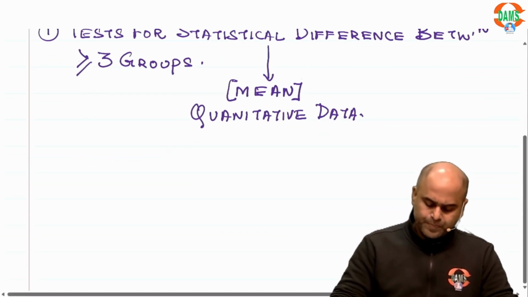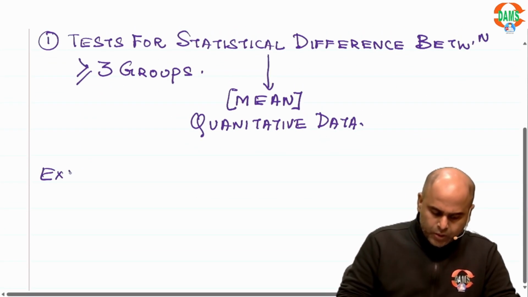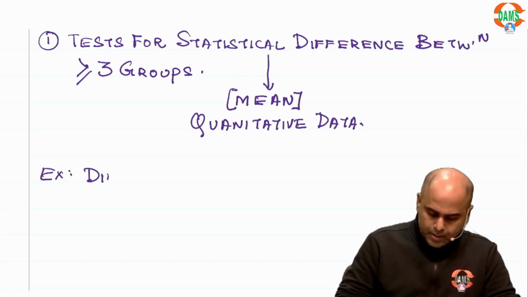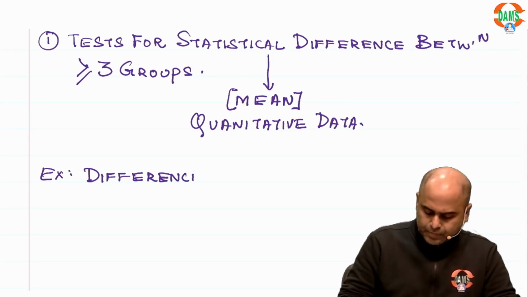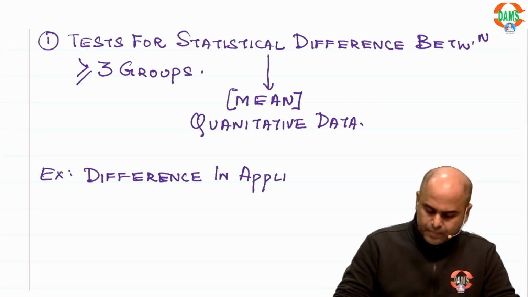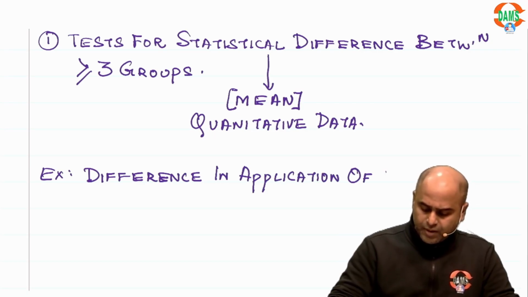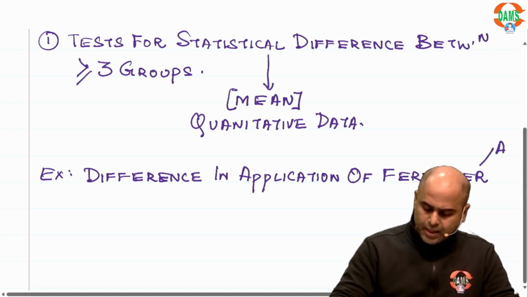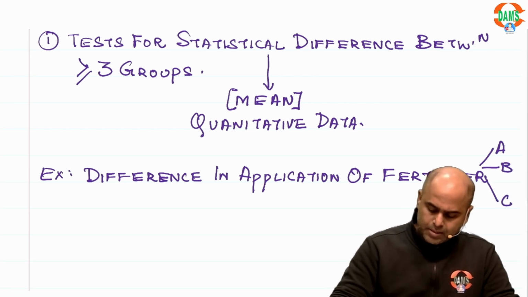Let us look into an example. You want to know the difference in application of fertilizer, suppose there are three, A, B, C, on plant growth.